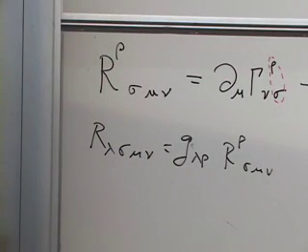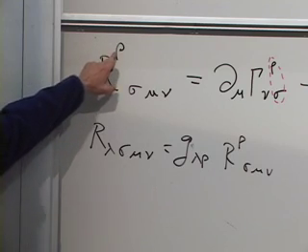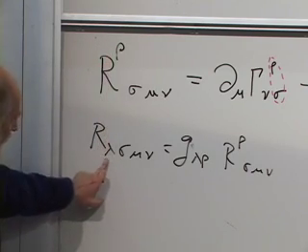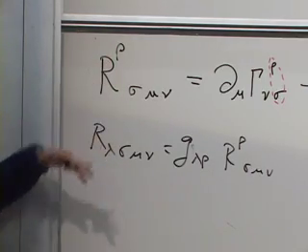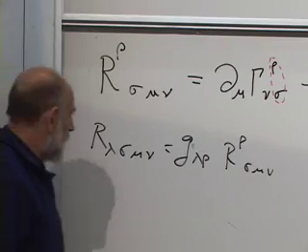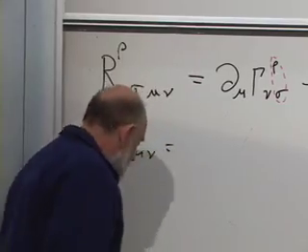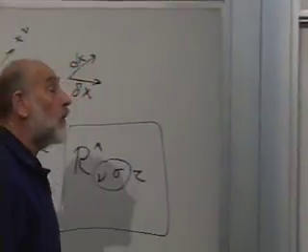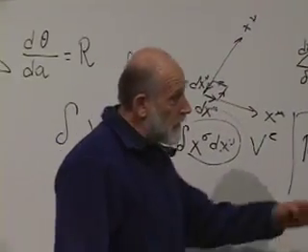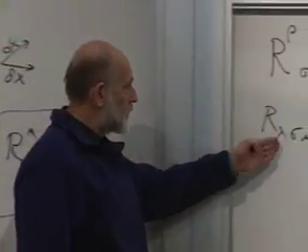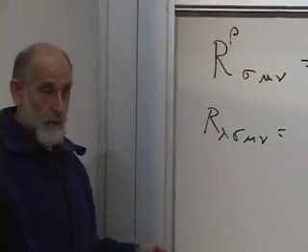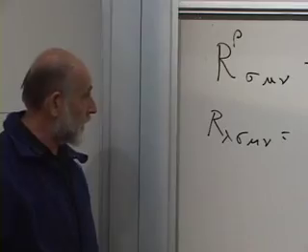You can lower and raise indices using the metric, so there's nothing special about one index being raised here. I can lower them back down so that they're all lower indices. It's still called the Riemann tensor, the Riemann tensor with all covariant indices. It's in this form that the symmetries of this object are simplest.